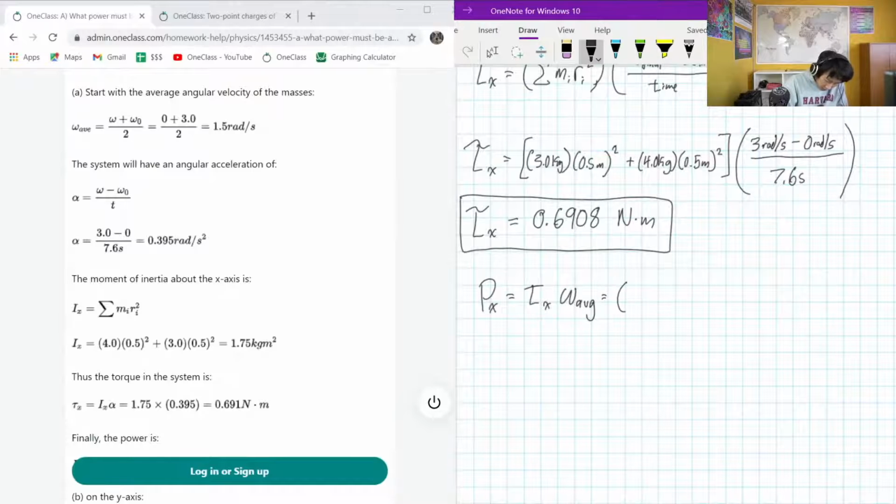So the torque is 0.6908 Newton meters multiplied by omega average, which we know is 1.5 radians per second. Okay, so let's multiply them together, and I got our power in the x direction is going to be 1.036 watts.